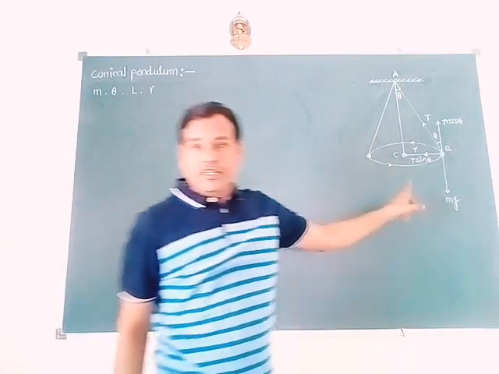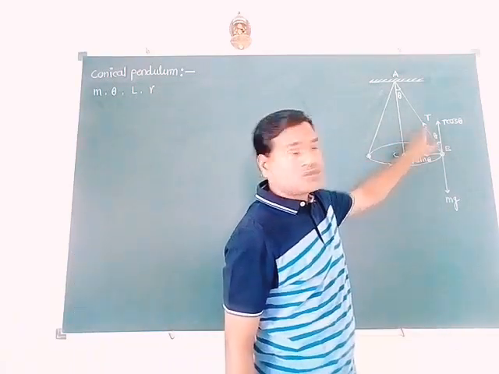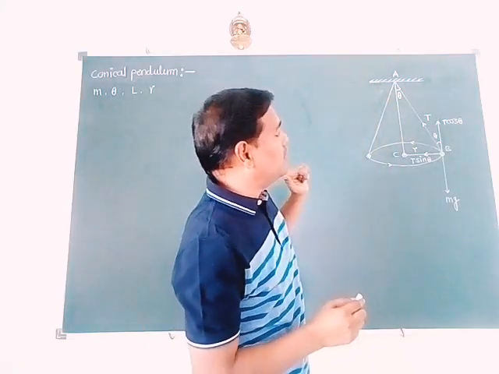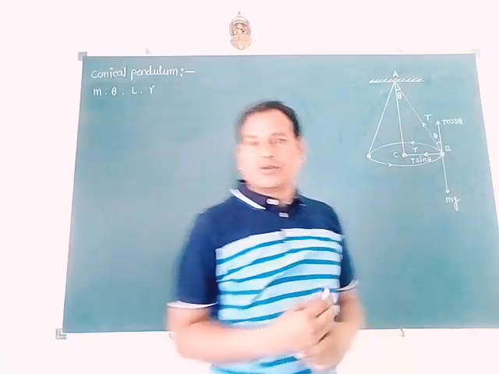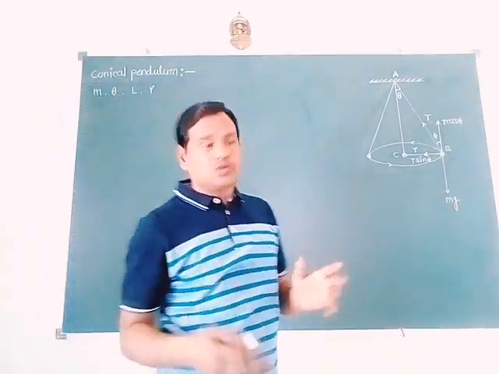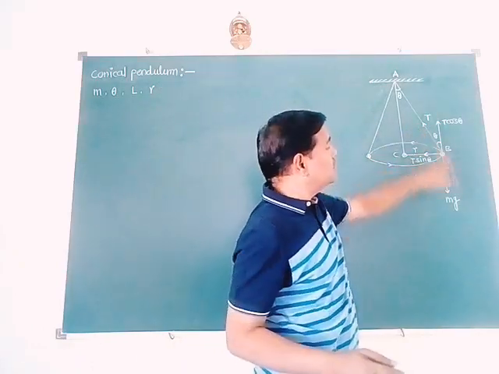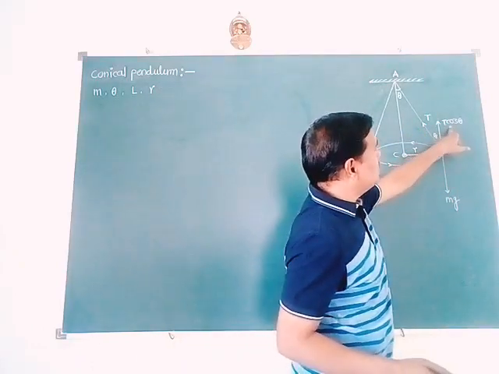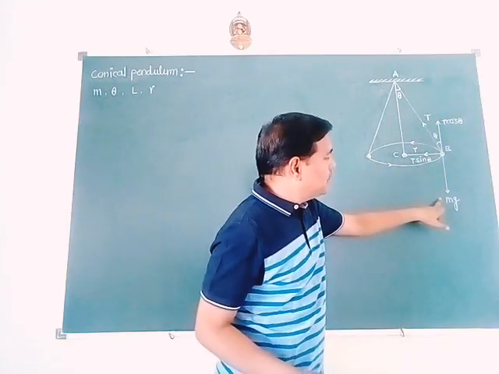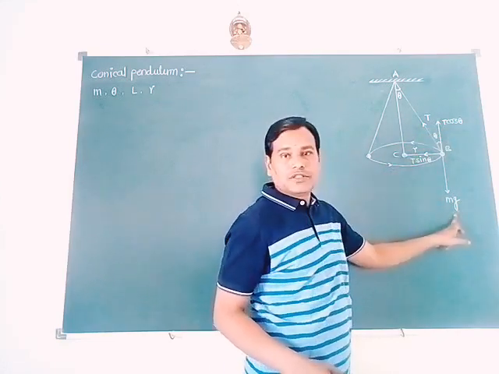The first force is the weight mg, acting vertically downward. The second is the tension in the string, towards the point of suspension, towards point A. This tension is a vector quantity. It can be resolved into two components. The first component is T cos theta, vertically upward, opposite to mg, which means T cos theta balances the weight mg.